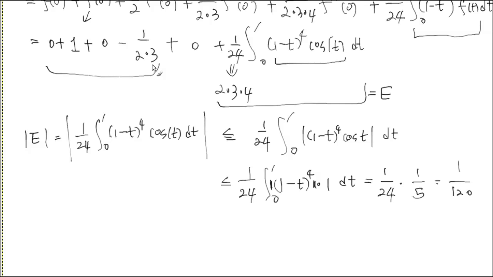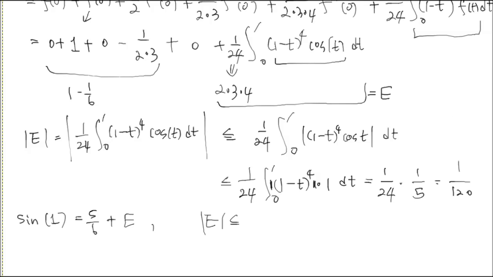The sine of 1 is this number. What is this number? 1 minus 1/6. Is that right? So it's 5/6, correct? And plus some error term. The error term is bounded by 1/120.